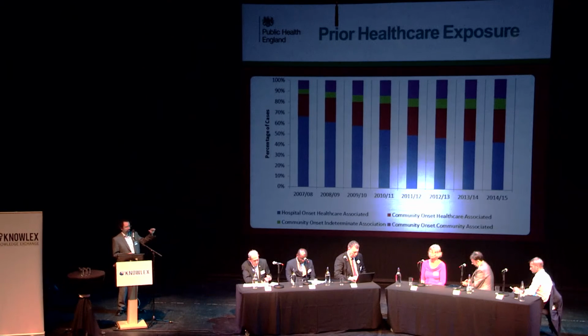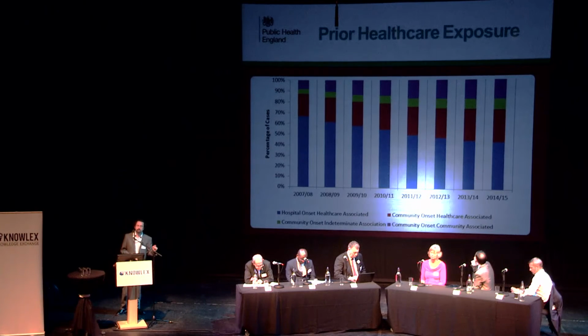Your hospital onset cases are the blue cases. You can see those declining. But importantly, the community onset healthcare associated cases here, the sort of like mauve bars, are getting a lot bigger. So that's patients that have presented in the first 2 days of an admission, but they were in an acute trust within the last 4 weeks.